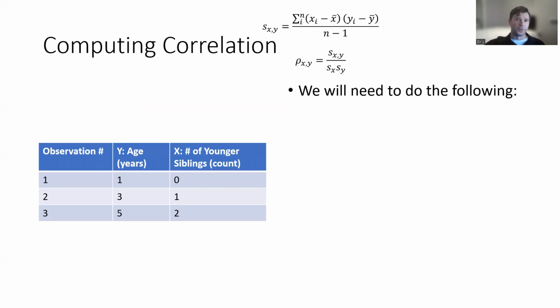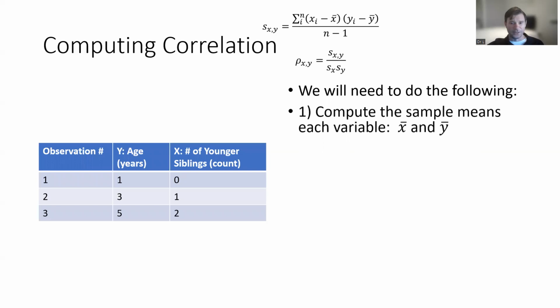And what we're going to need to do to compute the correlation, I mentioned there's a few prerequisites. There's actually 4 prerequisites. First thing we're going to need to compute are the sample means, X bar and Y bar. That is the average number of siblings and the average age in the data set, respectively. We're going to need that first in order to be able to calculate the covariance.